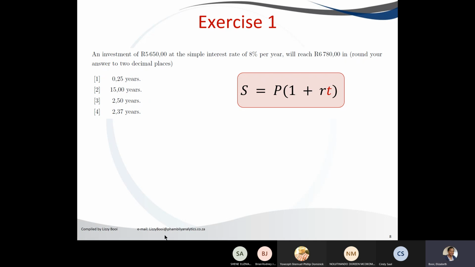Okay, do we have an answer? Remember, you can type your answers in the chat. I see Brian already posted and somebody liked it. So others, are you still busy?